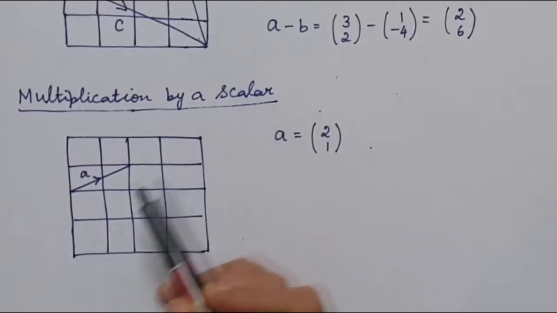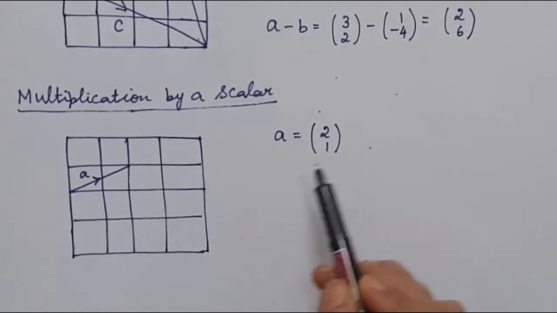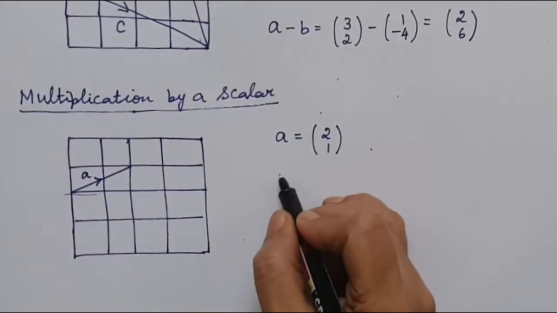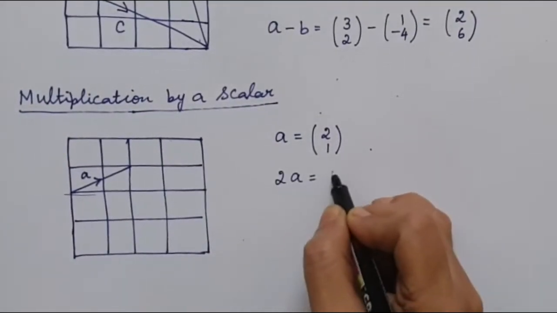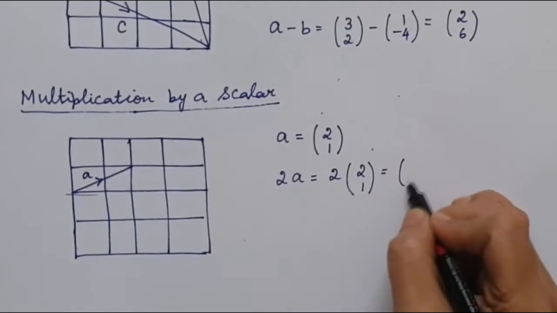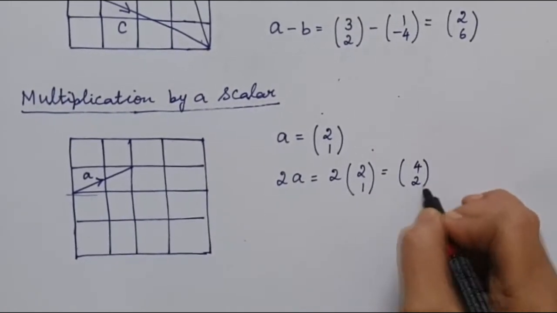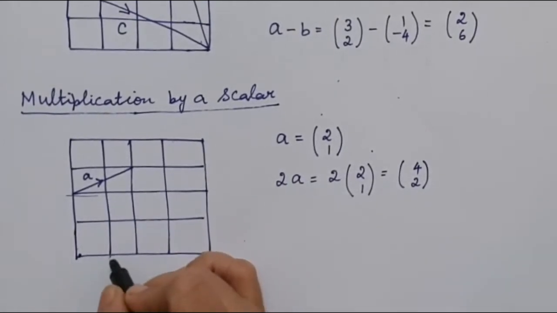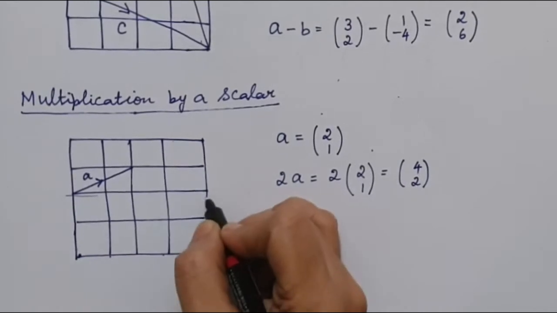Multiplication by a scalar. Suppose you have a vector A which is (2, 1), then 2A will be equal to 2 multiplied by (2, 1). So it will be equal to (4, 2). If we draw this vector (4, 2), then from here 1, 2, 3, 4 and 1, 2.